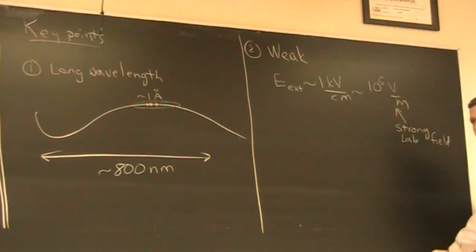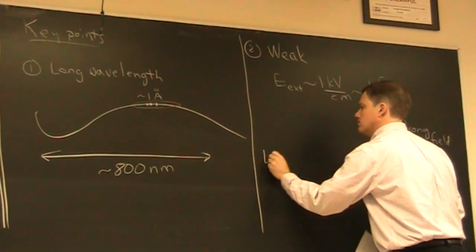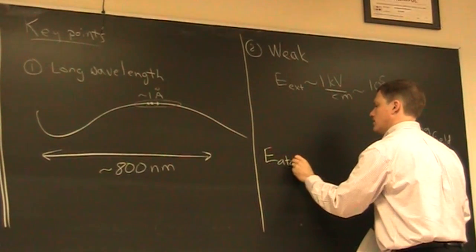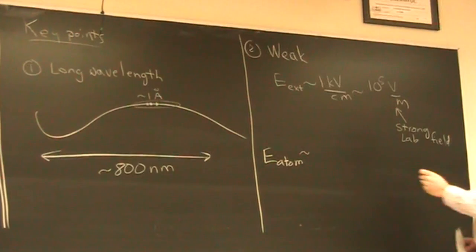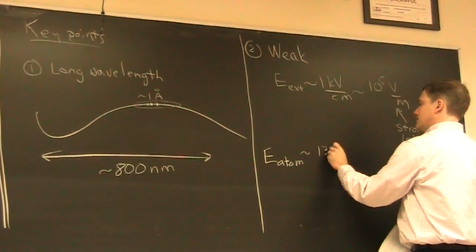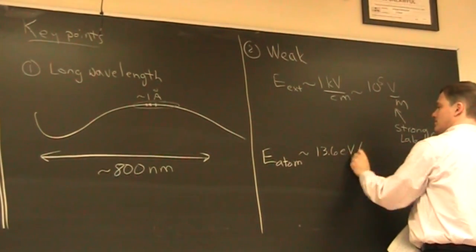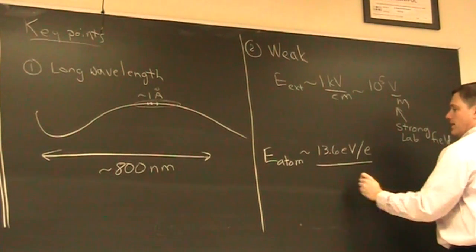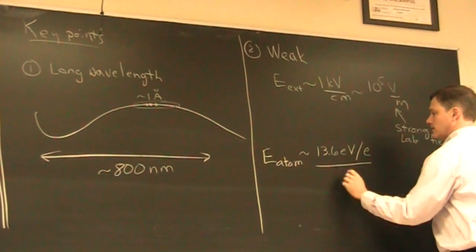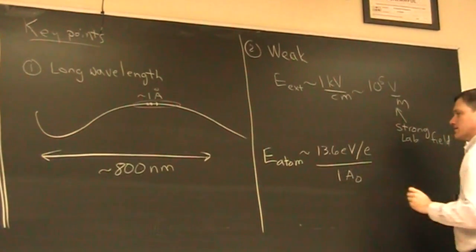And just compare that to an atomic field, E atom. The typical energy is like 13.6 eV per electron charge, right? And the size that we're talking about is 1 angstrom, a typical atomic size.